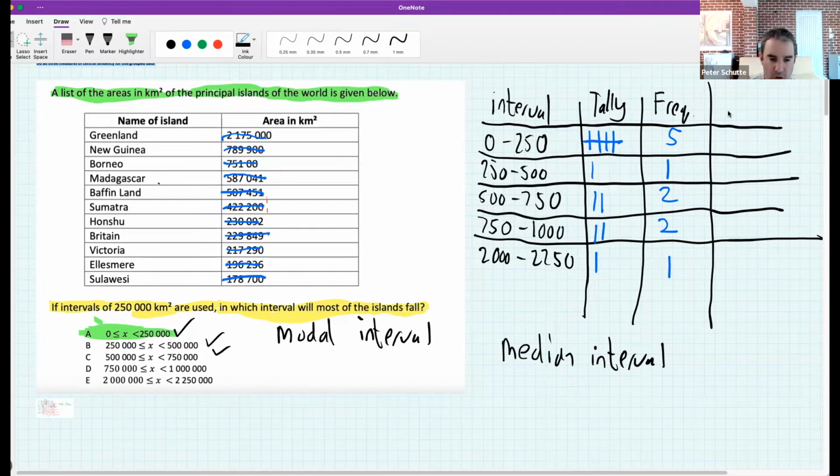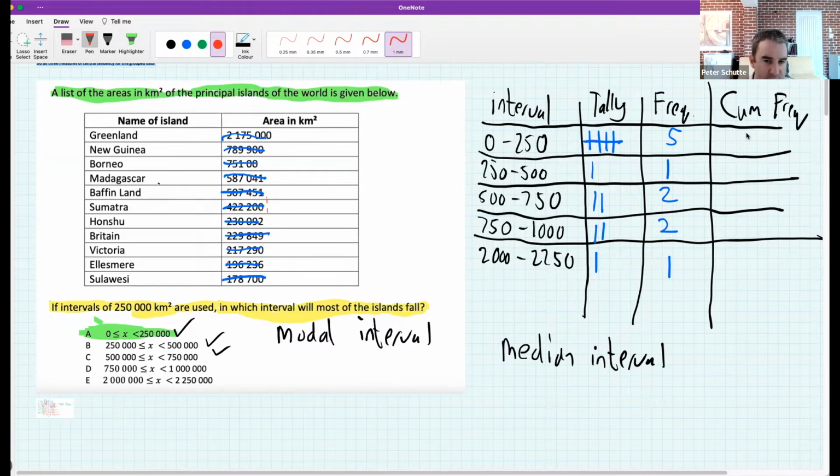Okay, yes, sir. So what I'm going to suggest is I want you to help me fill out the cumulative frequency column. So if we think about the cumulative frequency column, in the first row, what are we going to have? How many items fall in the first interval?